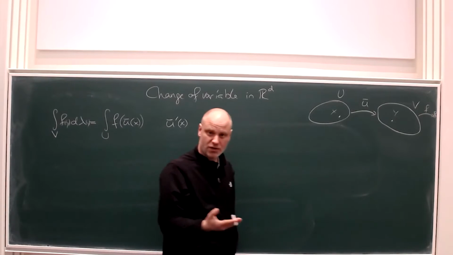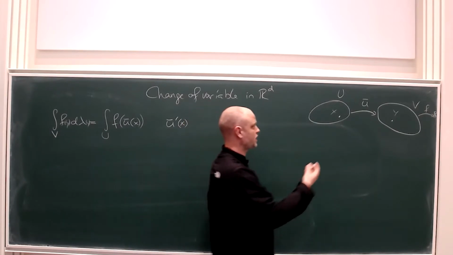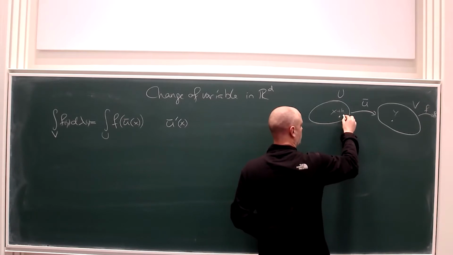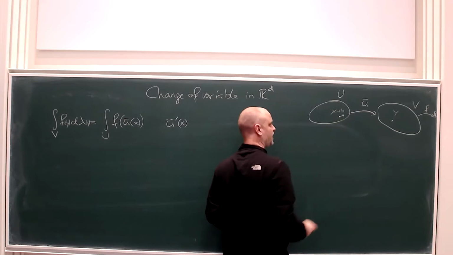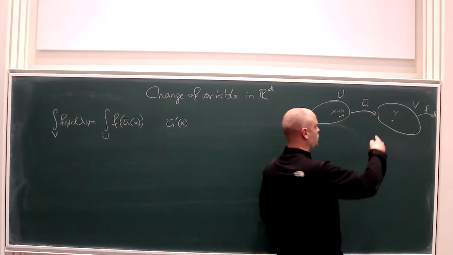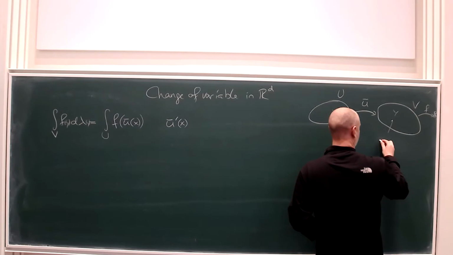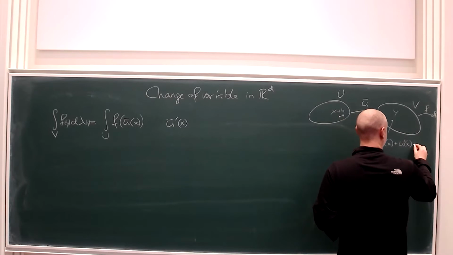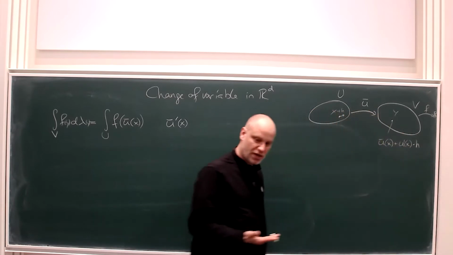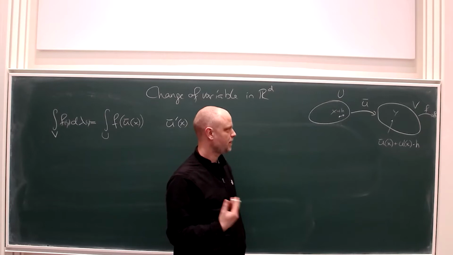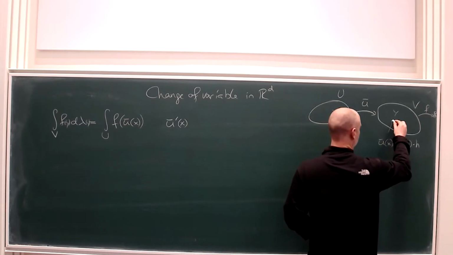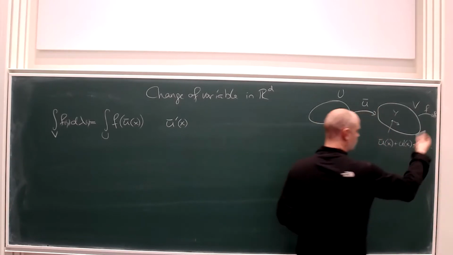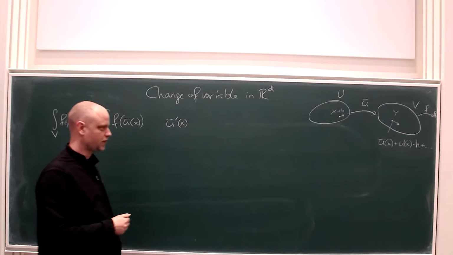With the multivariable Taylor formula, if you look at x plus h, some point in the vicinity of x, how is this transformed? It goes to the point u of x plus u prime of x times h, where u prime is now a matrix, plus some higher order terms.